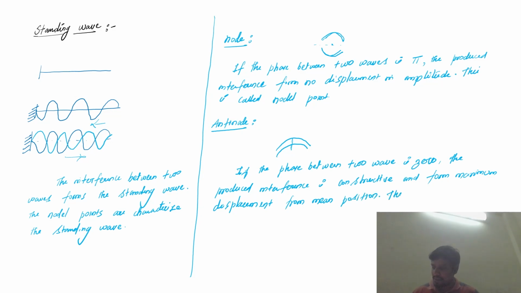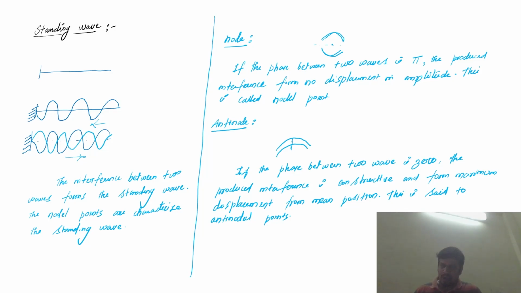This is said to be the antinodal points. So wherever the two waves meet with the resultant phase 0, that means they are identical, in those places they will form the antinodal points.